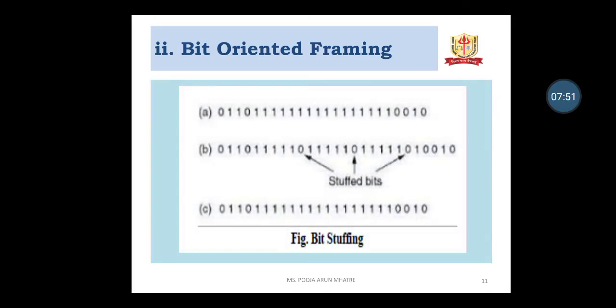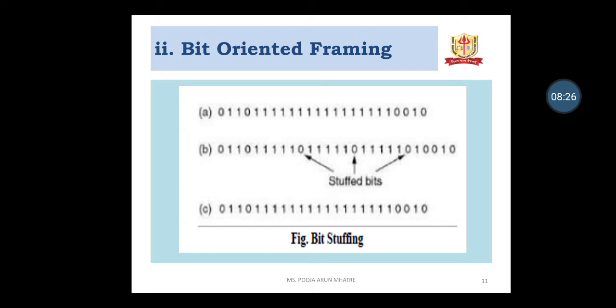Here the diagram shows the original data, which is 16 bits. Then stuffed bits are added after consecutive 1s. After every five consecutive 1s, a stuffed bit, that is 0, is added.